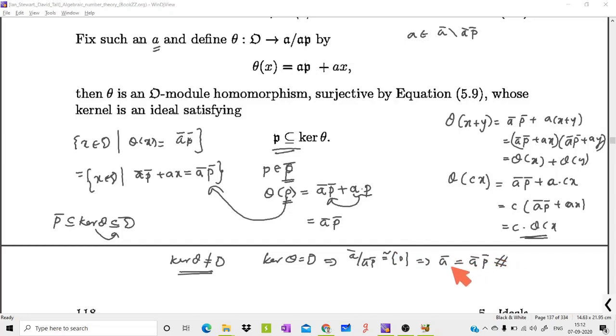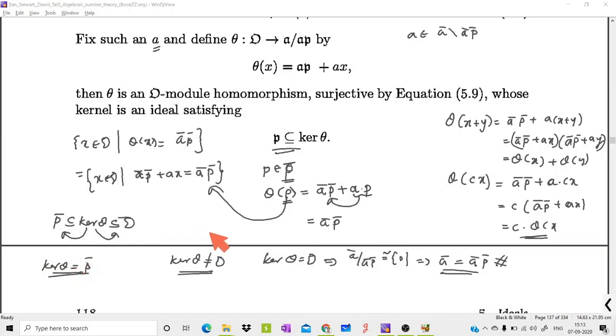This is a contradiction. We already know that A is not equal to AP because P is a prime ideal, which is a proper ideal. So kernel theta can never be equal to O. So the only possibility is that kernel theta is equal to P. Because P is a prime ideal, hence it is a maximal ideal, there is no ideal strictly in between these two. So we get that kernel theta is equal to P.